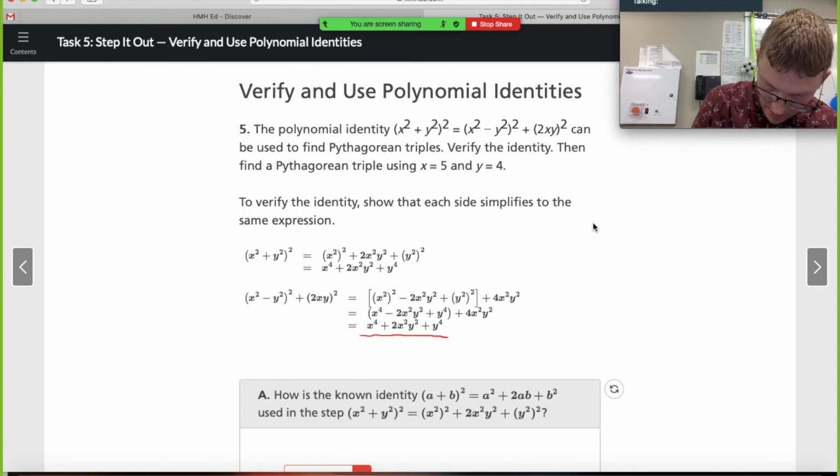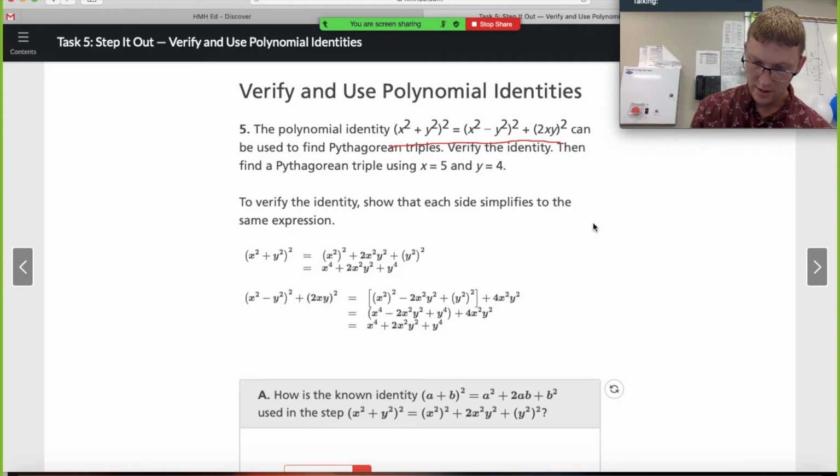And then we look up here. It turns out it is the same thing on both sides of the equation. So we have verified that this identity is true. So now we can use it along with the Pythagorean theorem.